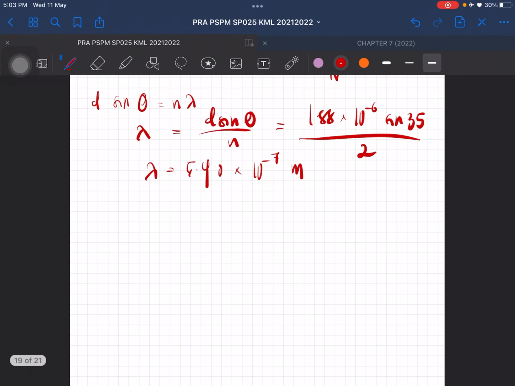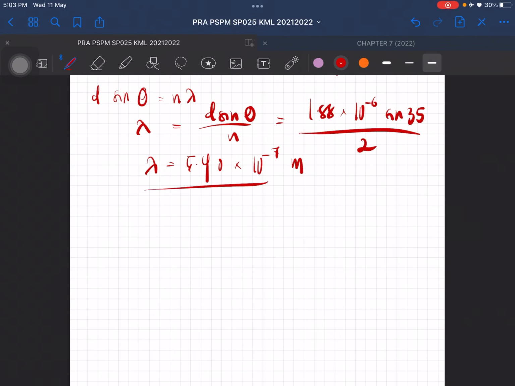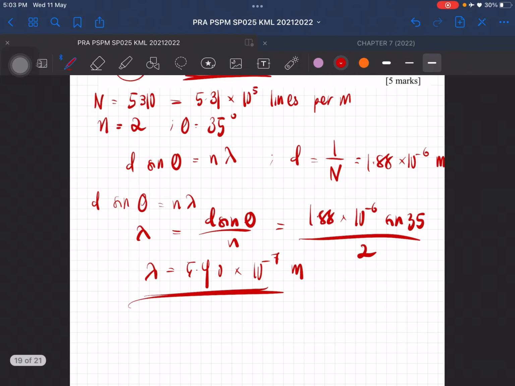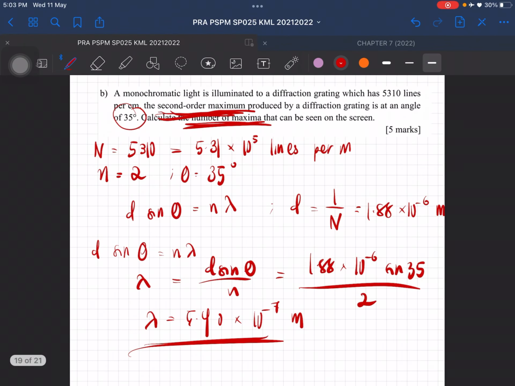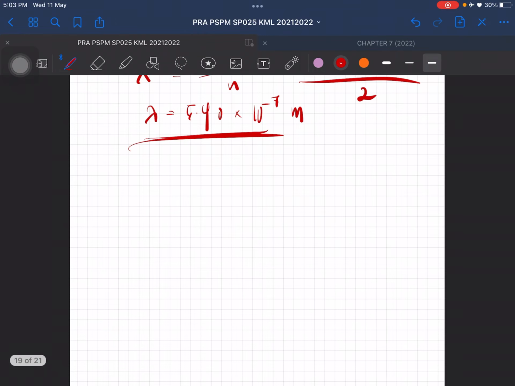Okay, so from here, we can then use this wavelength in order for us to calculate the number of maxima. So for the number of maxima, the angle for the maximum order is 90 degree. Okay, remember, to find the number of maximum lines that can be seen, the angle must be equal to 90 degree.